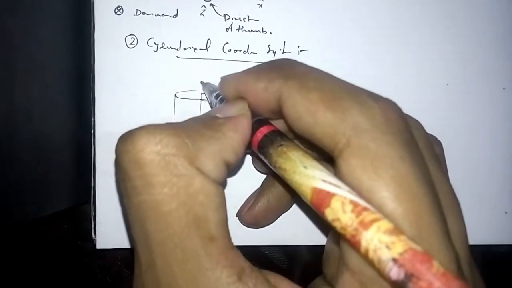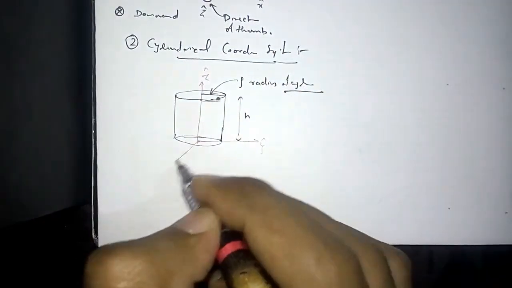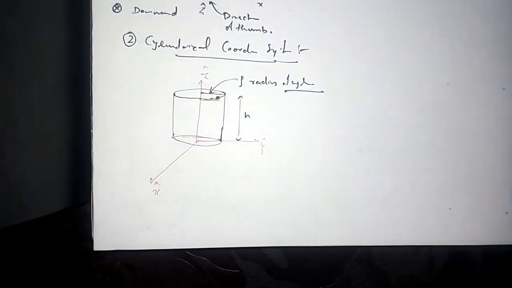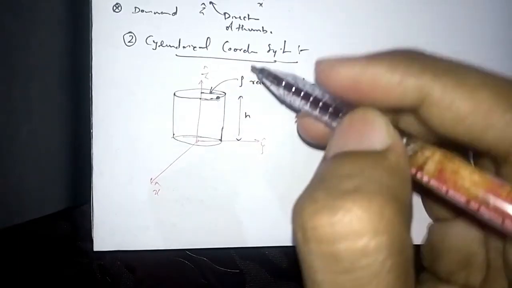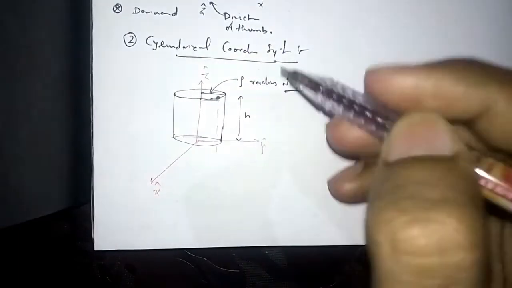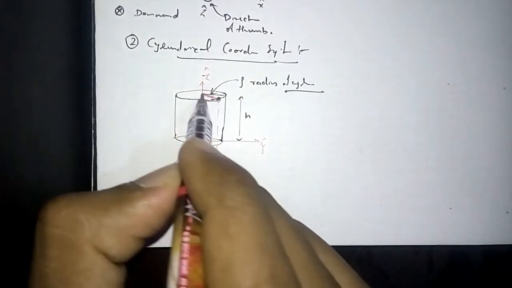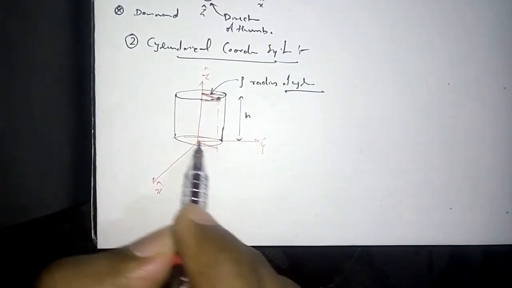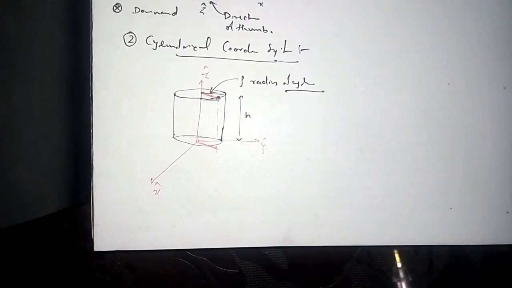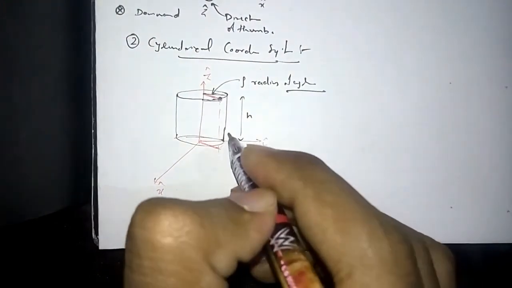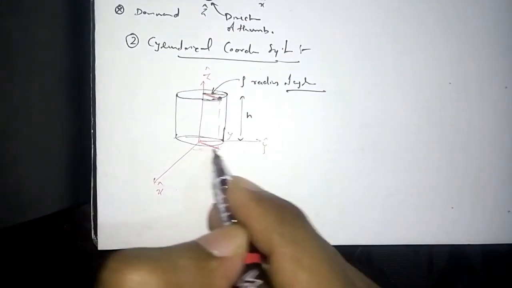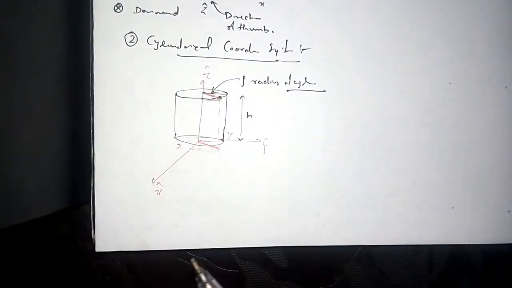This is Y, this is Z, and this is X cap. As we draw the projection of this point on XY plane like this, this has some value on Y and some value on X also.